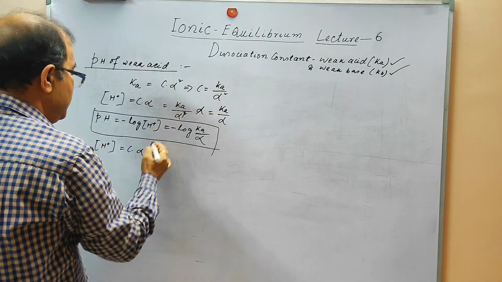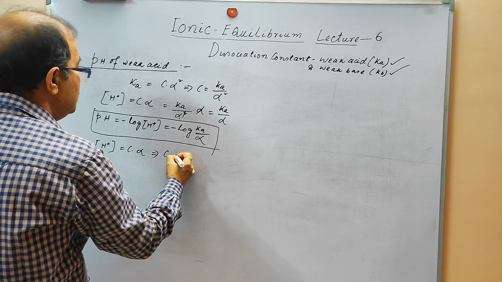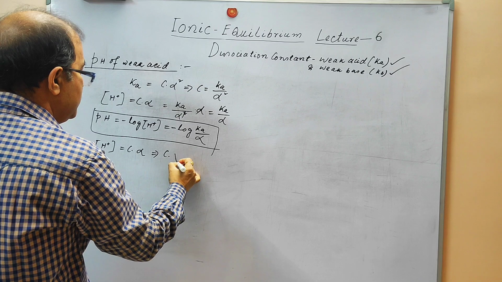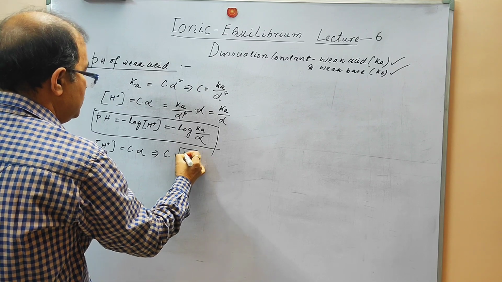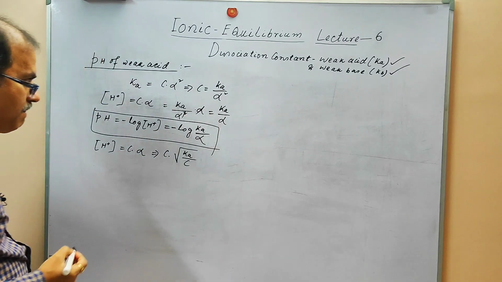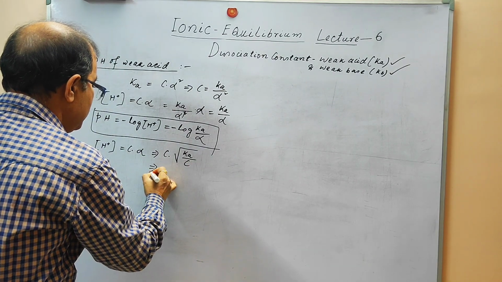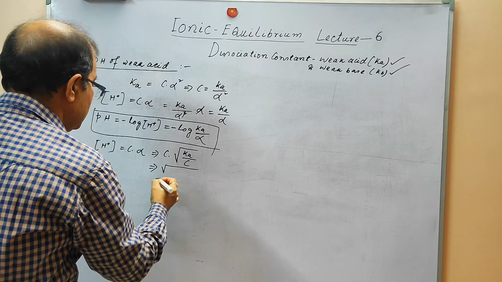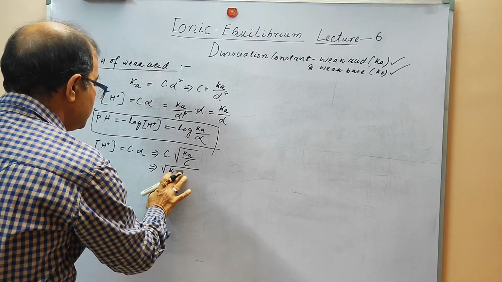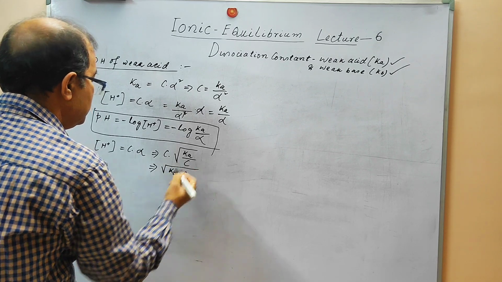From the equation we get alpha equal to the square root of Ka by C, and this comes to the square root of Ka into C.